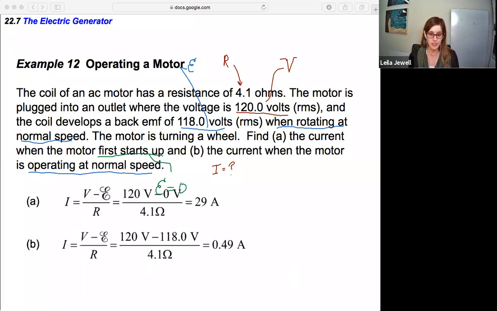If you take a look, then the current is equal to the applied voltage minus the EMF. So 120 minus 0 divided by that resistance of 4.1. This is a current of 29 amps. That's a huge amount of current. Versus once we get the back EMF in place, once we're operating at normal speed, the back EMF is 118 volts. So the net current is 0.49 amps. It's not even half an amp.